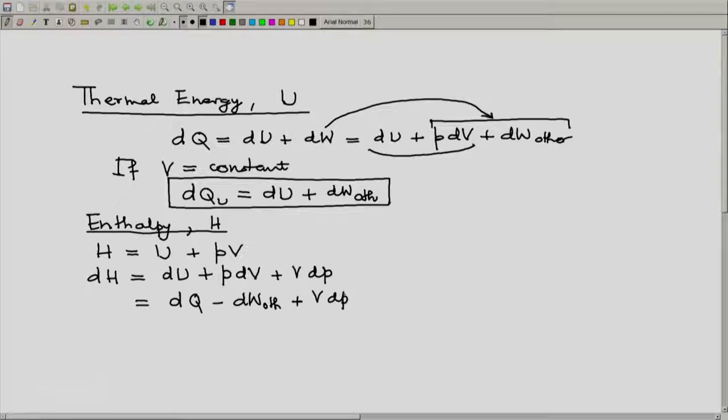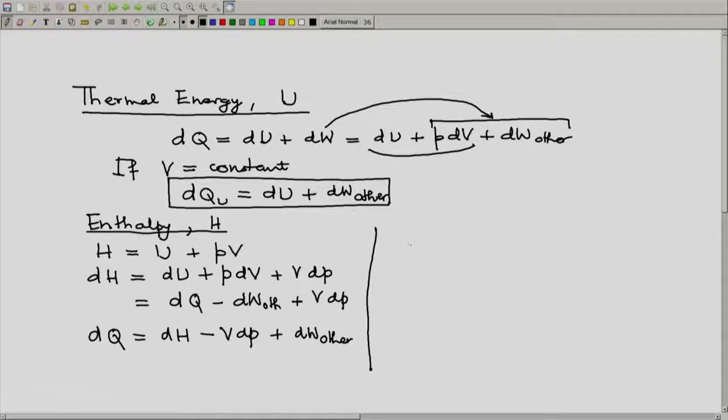Now let us transpose dQ to one side and consider a process in which pressure is constant. First we write dQ equals dH minus VdP plus dW other.